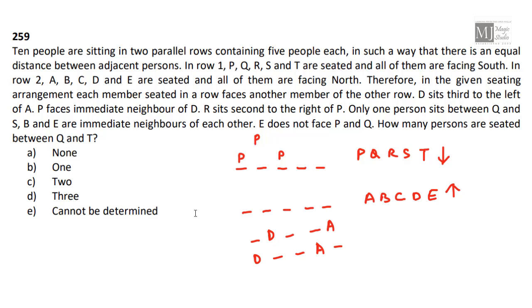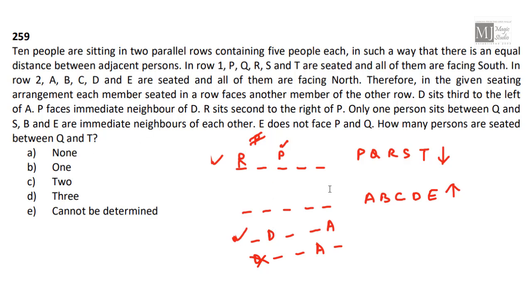R cannot be sitting to the second right of P. That means P is sitting at this position and to the second right of P is R. This is the correct sequence now. And if P is sitting here, then D should be sitting on the second position from left. So we have identified the initial correct position.